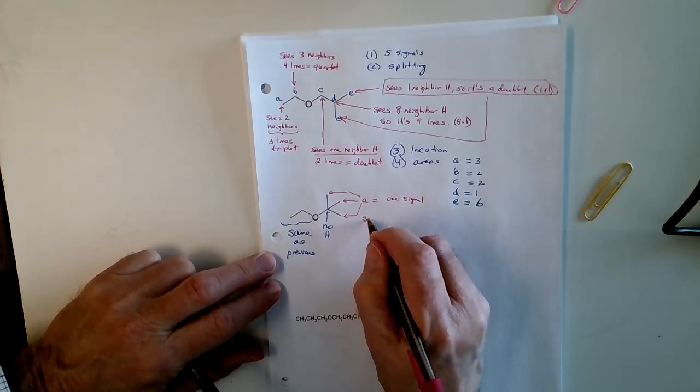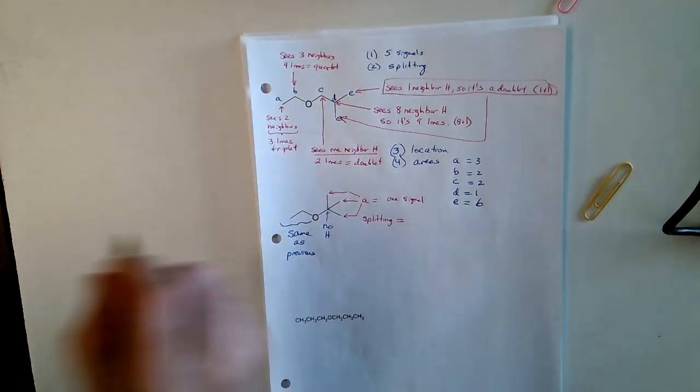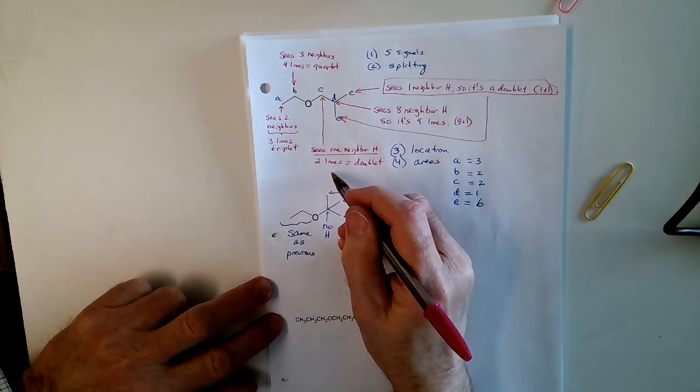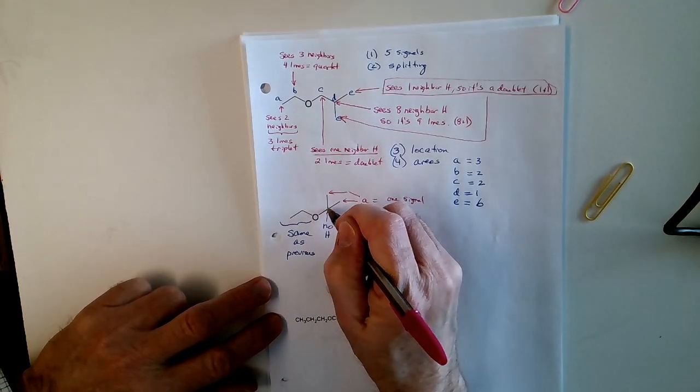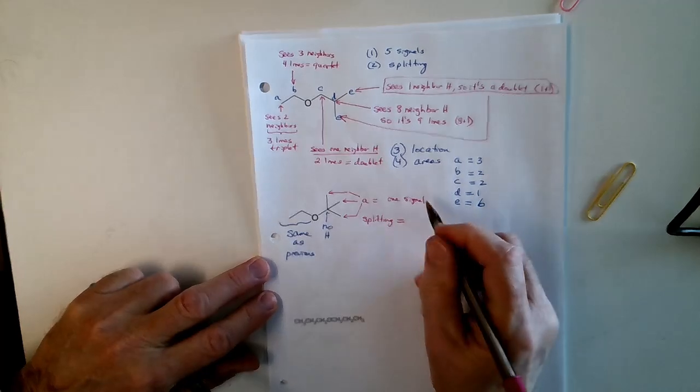And the splitting on this side is what? Well, each one of those methyl groups looks out at the world, and it's only got one spot it can look, which is that carbon right there. And how many hydrogens are there? None. So there is no splitting.